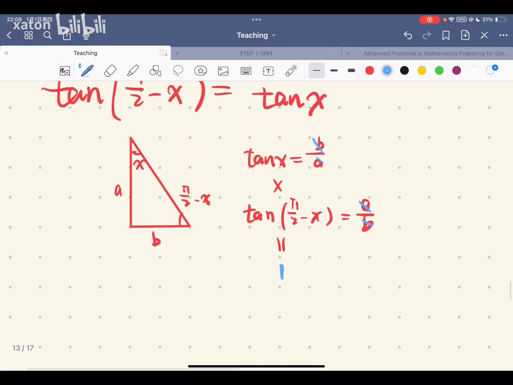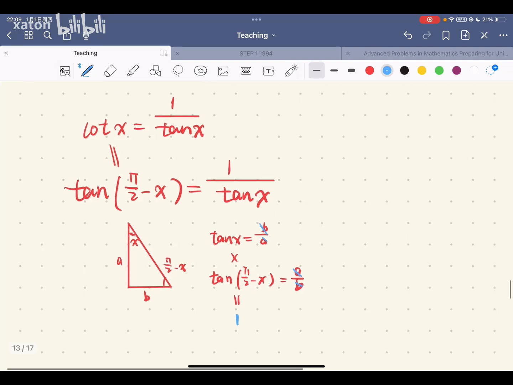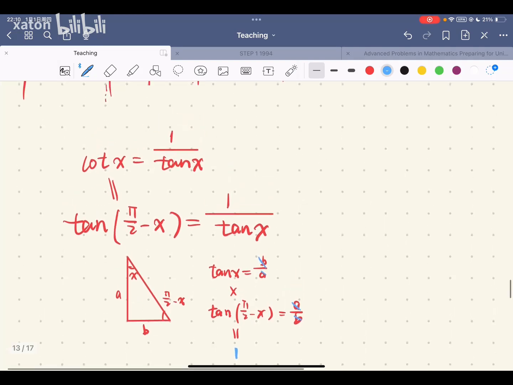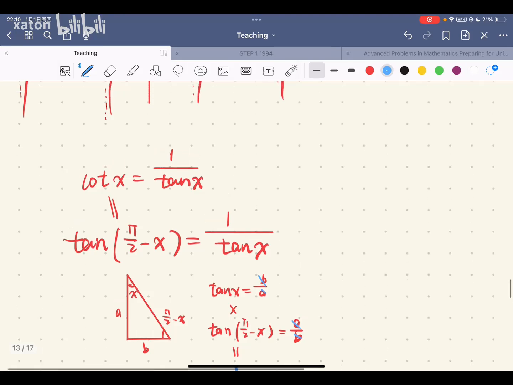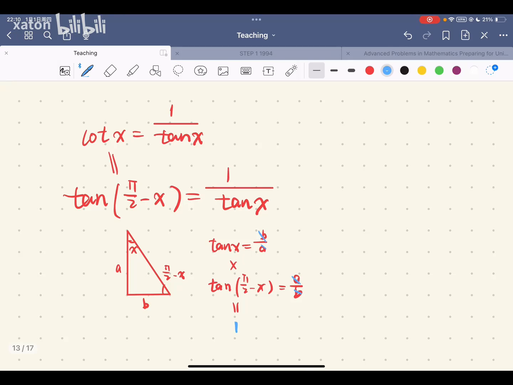So we give the quick proof, but actually this works for any x, and that requires a more comprehensive proof, but we don't have time and space here, so let's move on.